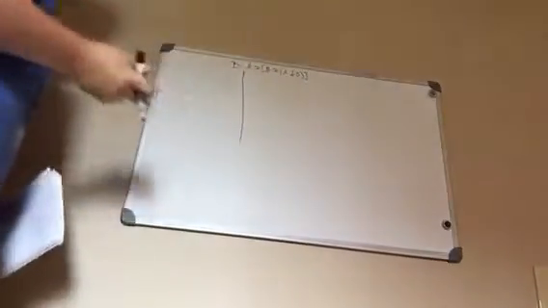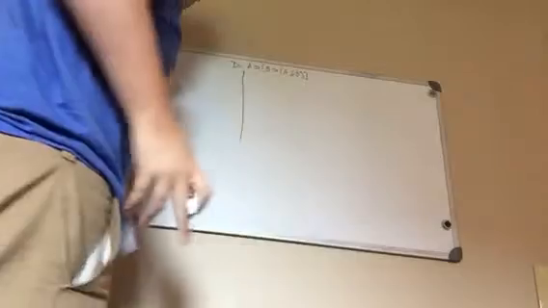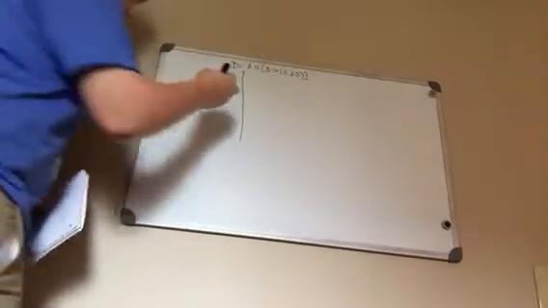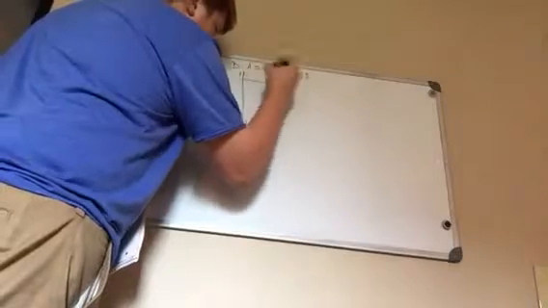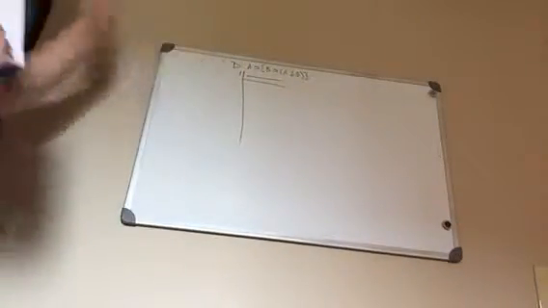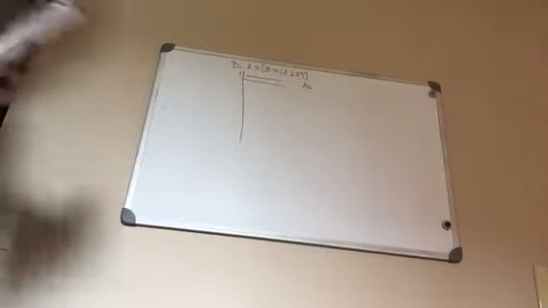Sometimes people just start from scratch by making assumptions. But what I do is go 1, and I'll go like this, and go like that, to say that we have no assumptions to work with. Hopefully you can see this okay.